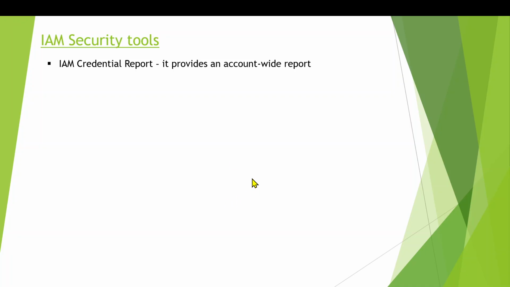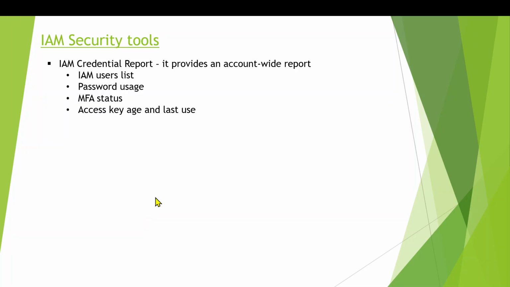The account-wide report includes the list of users that are present and the password usage, like whether the password is configured and whether it is being used or not, and the MFA status, whether MFA is configured or not, which will be visible in that report. And the access key, the age of the access key, when it was created and all.